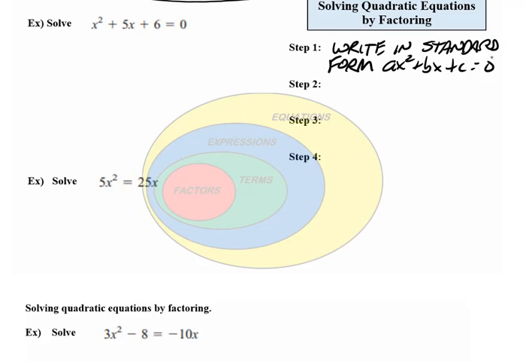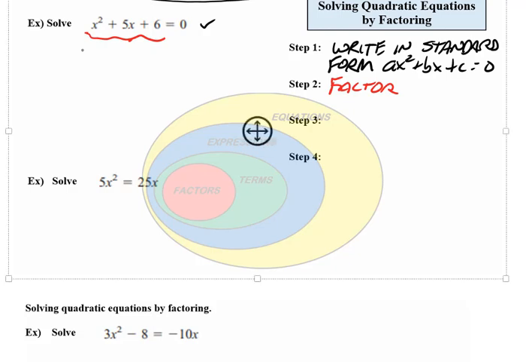All right, so this one is already in standard form. It's expanded on the left side and it's equal to 0. So the next step we're going to do is factor. So we're going to take the left side here and factor it into two binomials.